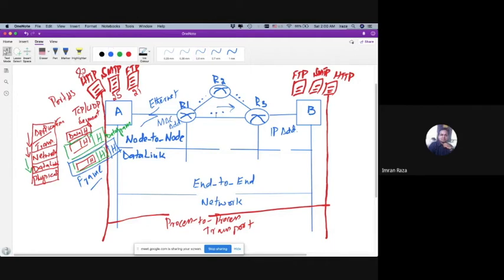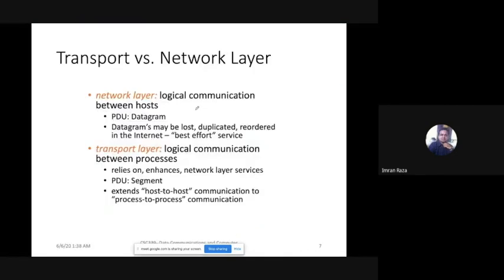The PDU, protocol data unit, at the network layer is known as a datagram, IP datagram, or IP packet. IP is fundamentally connectionless. This means a datagram can be reordered, duplicated, or maybe lost. So IP has best effort delivery. There is no acknowledgement, or no reliability in IP fundamentally.